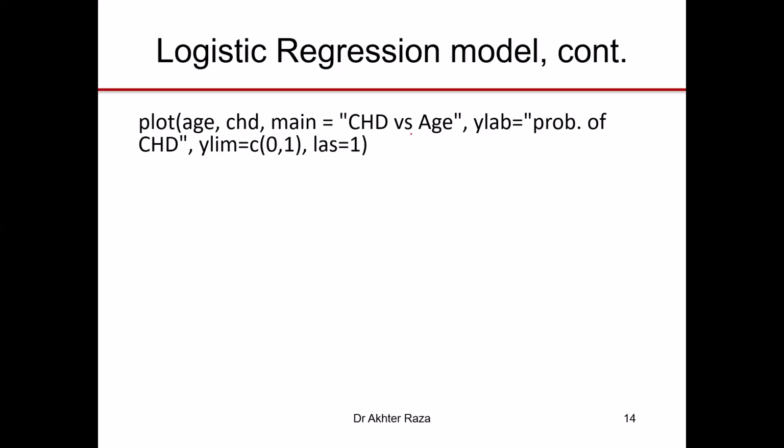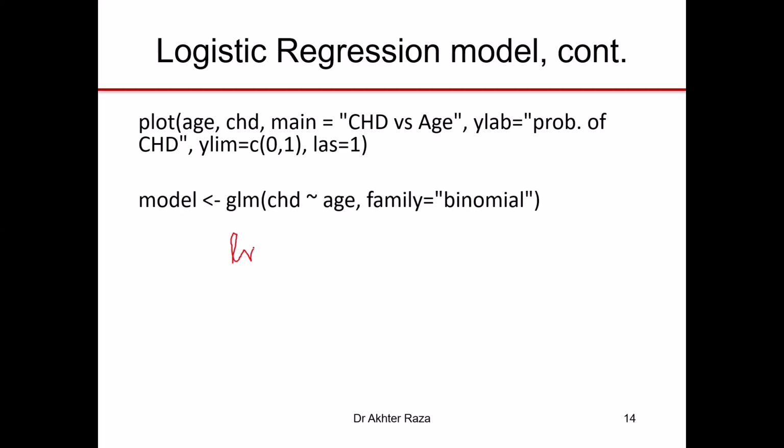This is a straight line according to the linear model, but we have to apply a generalized linear model. So instead of the linear model, we are applying a generalized linear model. What was the function I taught you? You write the DV first, then the tilde sign, then your IVs.